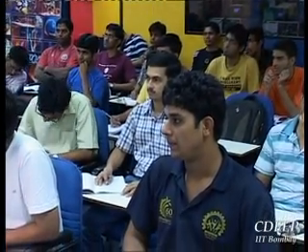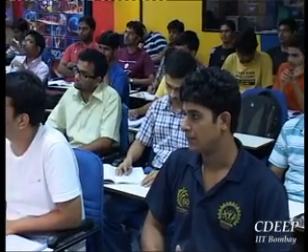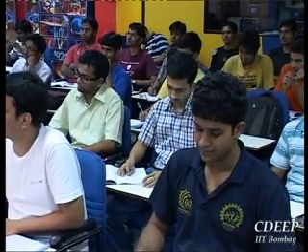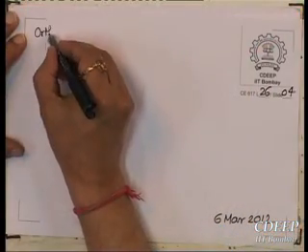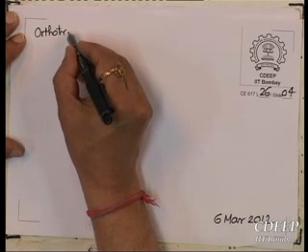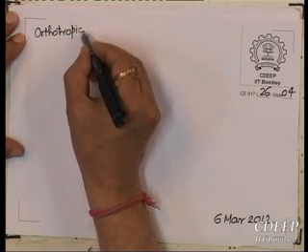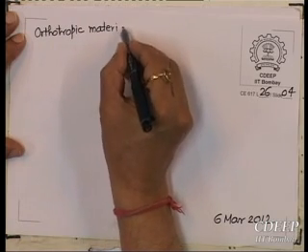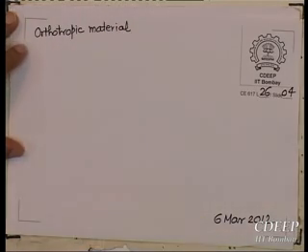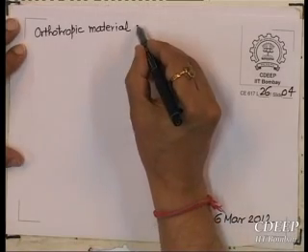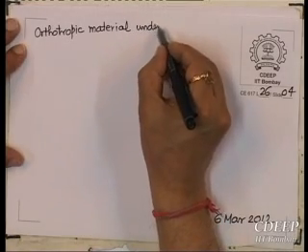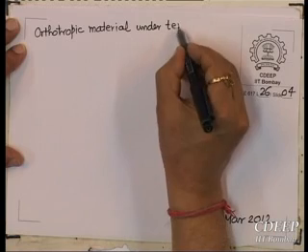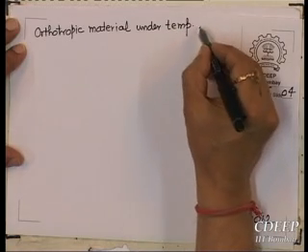So how to write down the constitutive relation? Material constitutive relations are all point relations. So let us take homogeneous orthotropic material under temperature change.